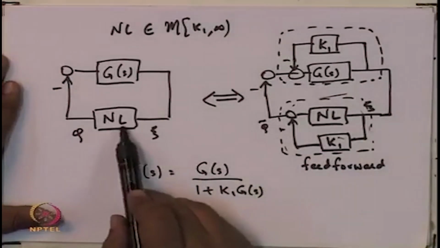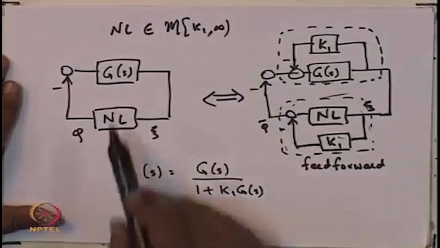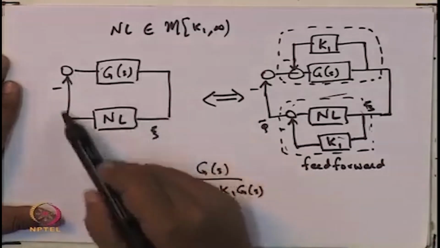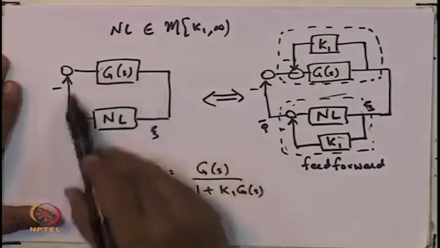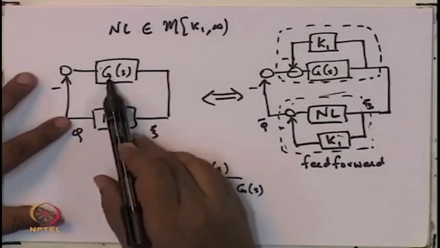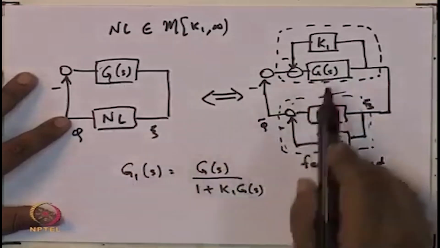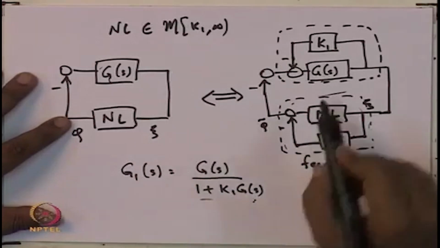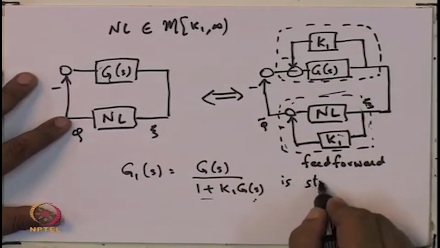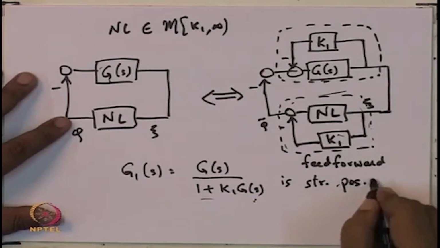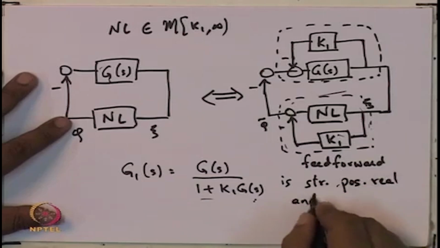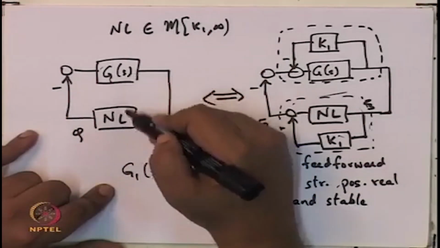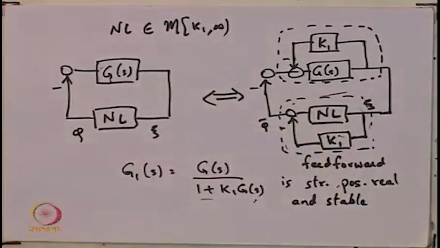Therefore, for a nonlinearity in the K1 infinity sector, given a G(s), that G(s) with that nonlinearity in a closed loop system would result in asymptotic stability if, when you modify G to G1, where G1 looks like G(s) upon 1 plus K1 G(s), this is strictly positive real and stable, then the original system is going to be asymptotically stable.